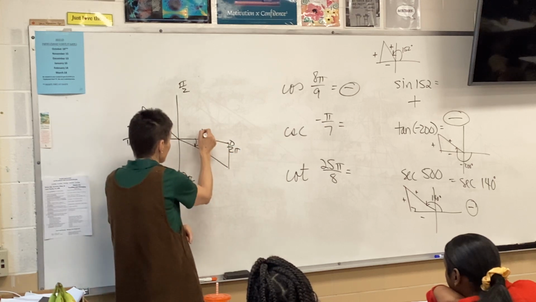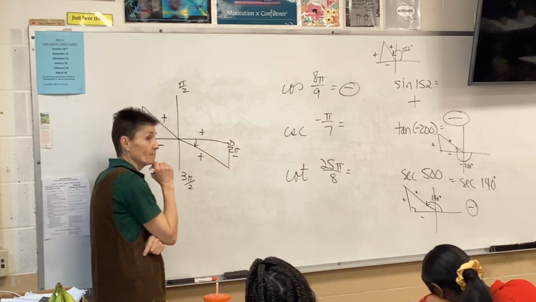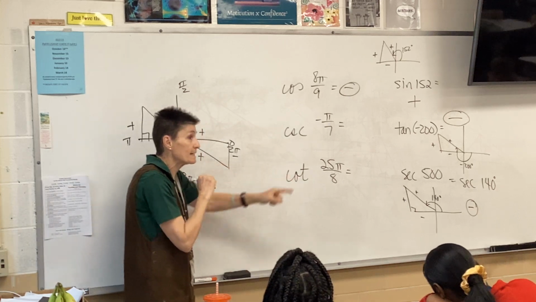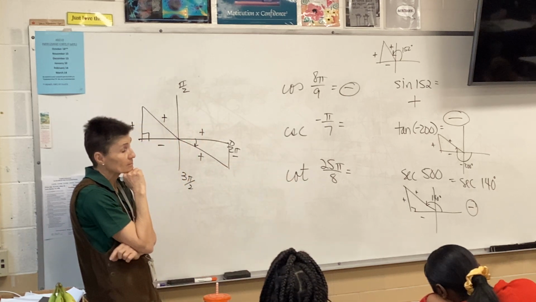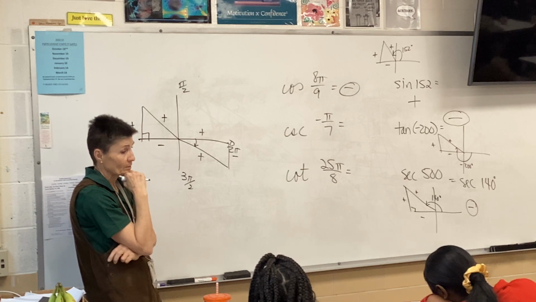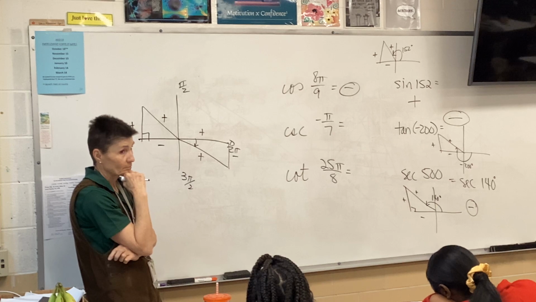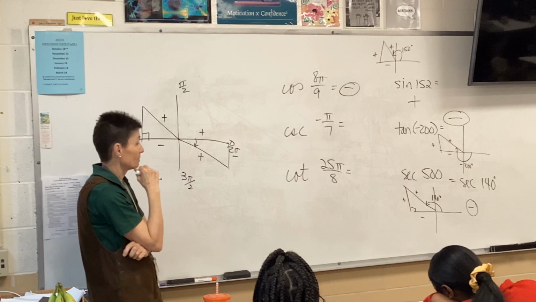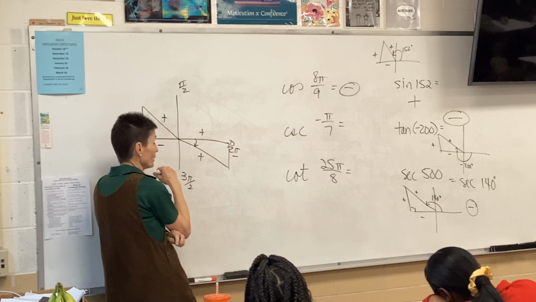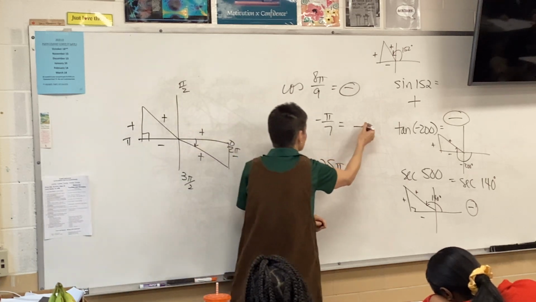Which means positive, negative, positive. We want the cosecant, which is the reciprocal of the sine. So we need opposite and hypotenuse, that is going to be negative.